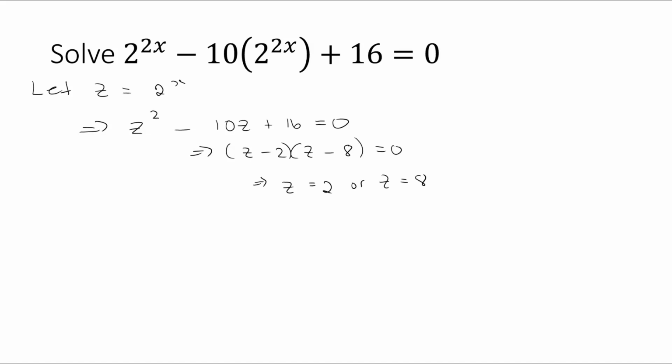Now remember, those are the values for z, not x. So now we have that 2 to the x equals 2 and 2 to the x equals 8.